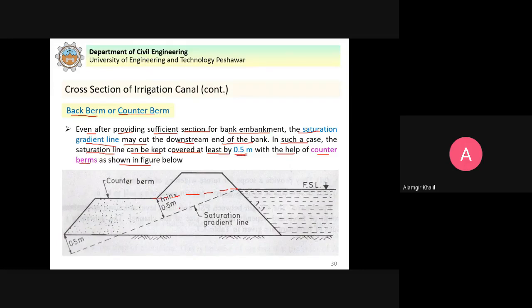So for this purpose, this saturation line can be kept covered at least by 0.5 meter with the help of what is known as counter berm. You can see here, this is the counter berm, and the saturation line here is kept covered at least by 0.5 meter.